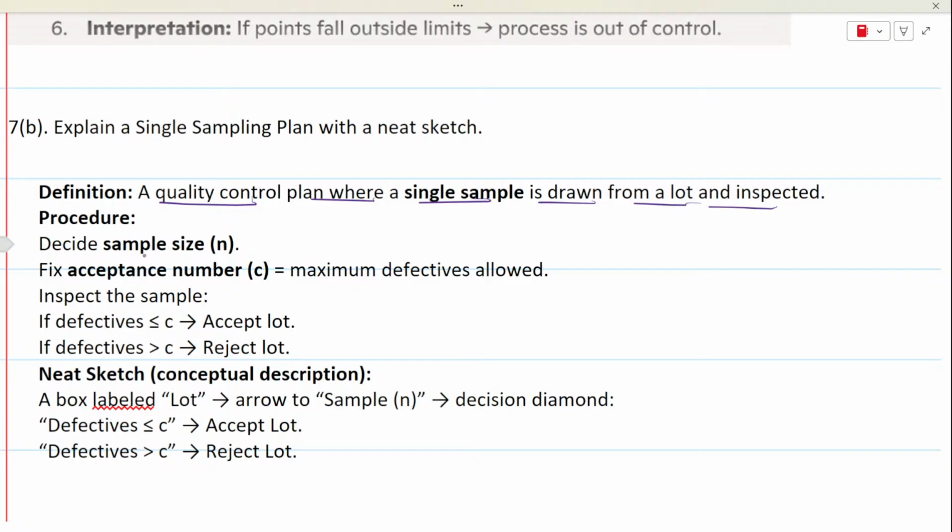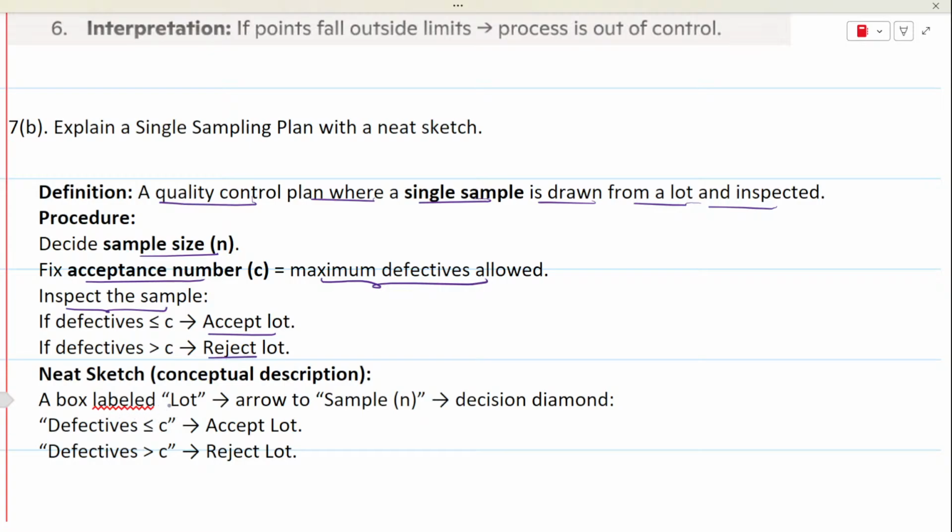The procedure is to decide the sample size, fix the acceptance number, that is maximum defectives allowed, and inspect each of the samples. If the defectives are less than or equal to C, then the lot is to be accepted. If the defectives are greater than C, then we have to reject the lot.